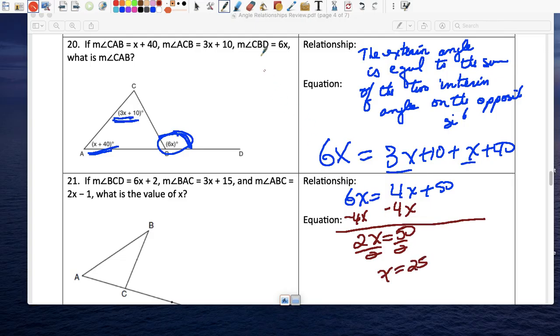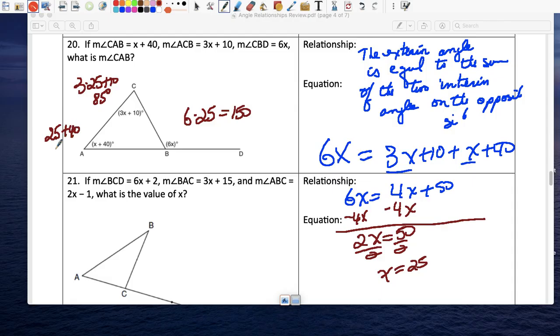So let's see if I'm correct. If x equals 25, let's find the angles. It would be 6 times 25, which is 150. Here would be 3 times 25 plus 10, 75, 85. So that measures 85. And this one is 25 plus 40, which gives me 65.